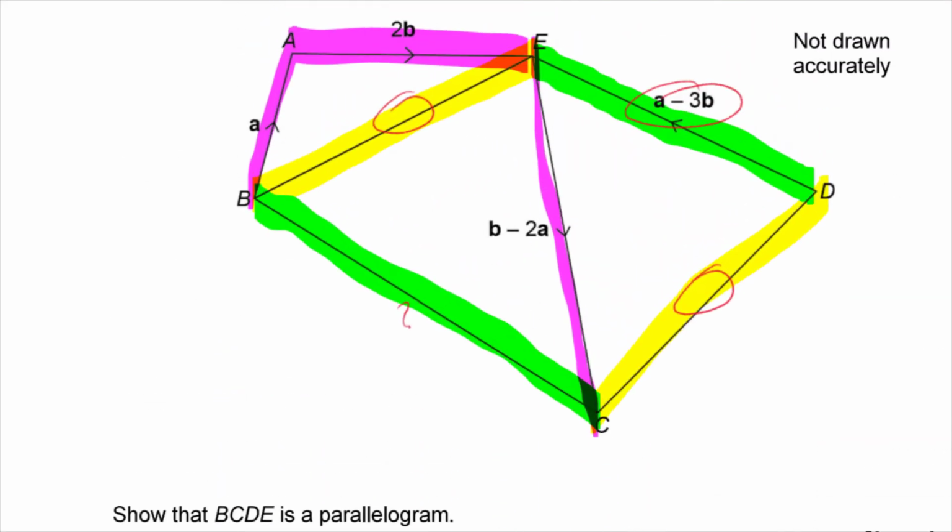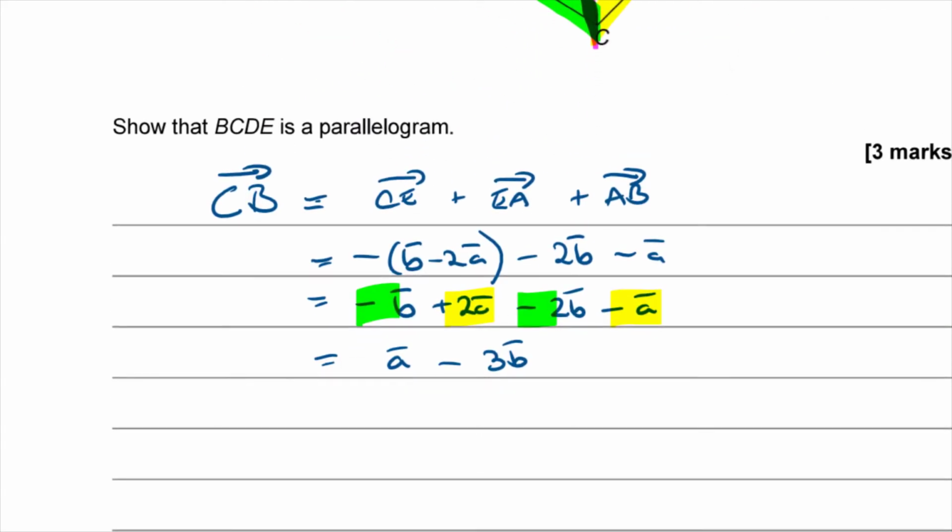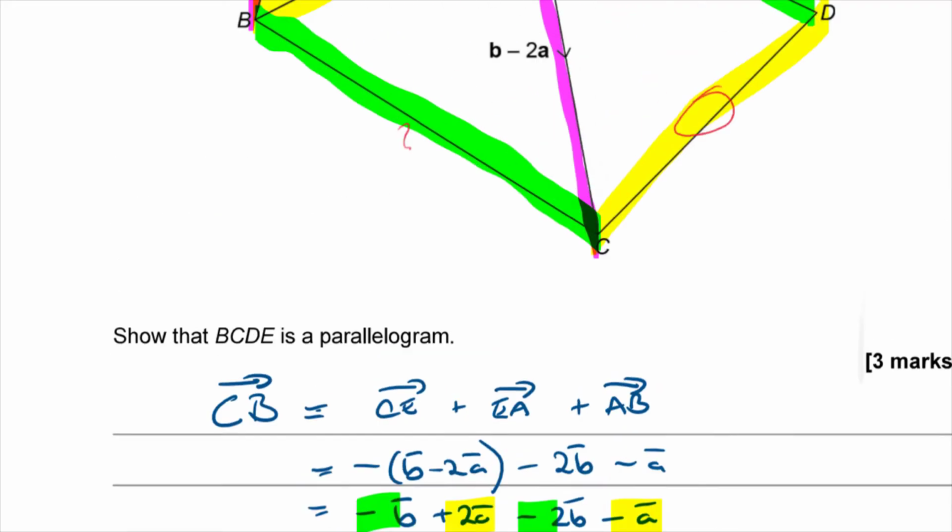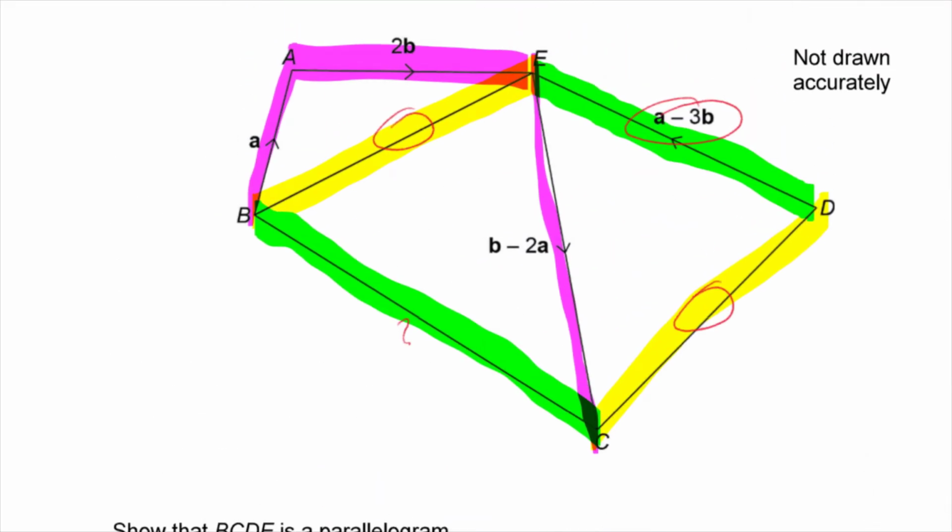But hold on a minute, that's the same as the vector D to E, isn't it? A minus 3B. So I can say that is the same as D to E. So that's the first part done. I've shown that the green lines are equal in length and parallel. Now I need to do the same thing with the yellow lines.